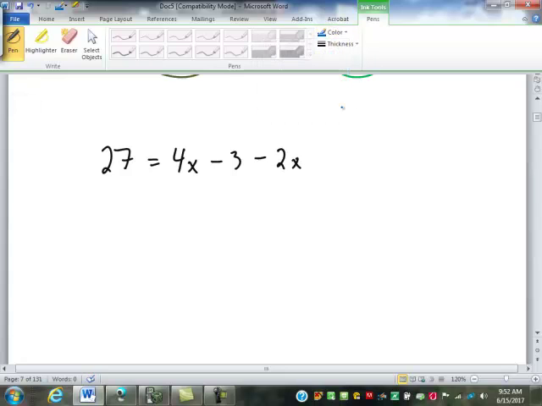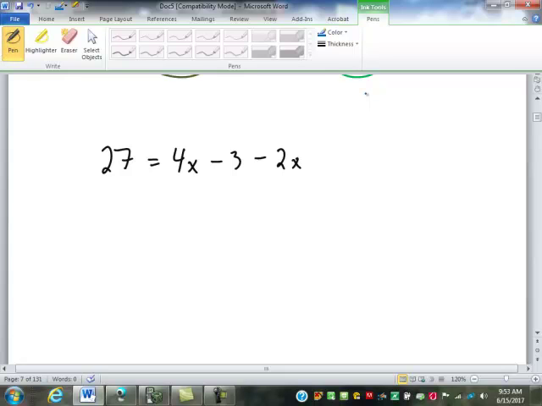So here, tell me what I have to do. Get rid of the 2x. Well, my variable appears twice. So combine the 4x and the negative 2x. Perfect. Yes, that's exactly what we have to do. When the variable appears more than once, there are two possibilities.